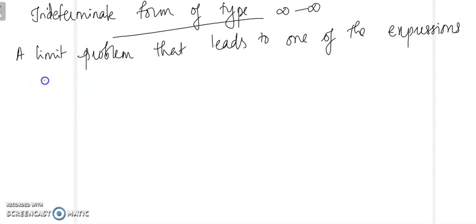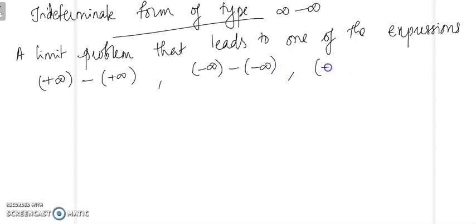So when you have these types of expressions, you have plus infinity minus plus infinity, and minus infinity minus minus infinity, then you have minus infinity plus infinity plus minus infinity, and then you have minus infinity plus infinity.